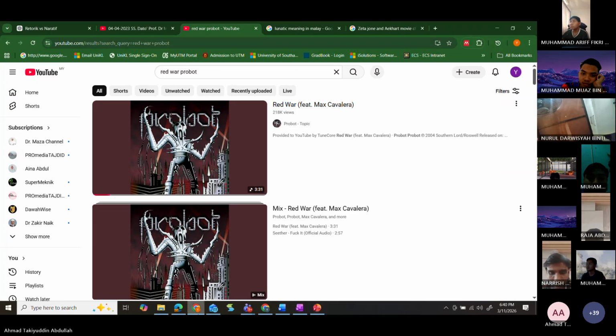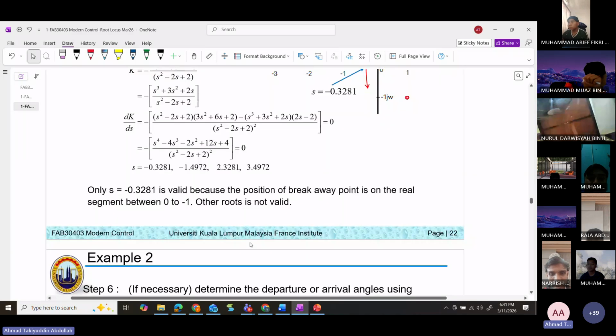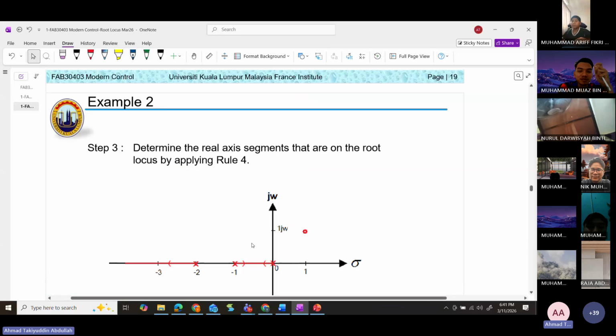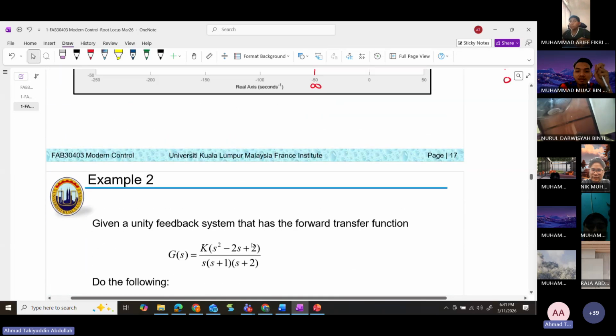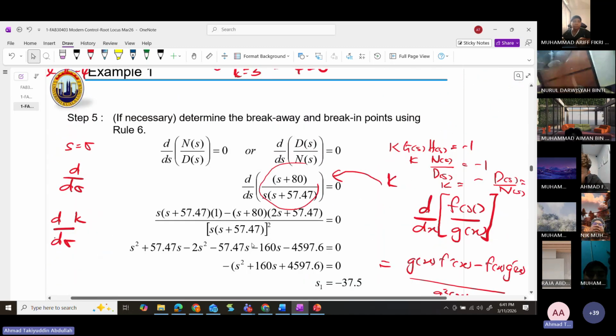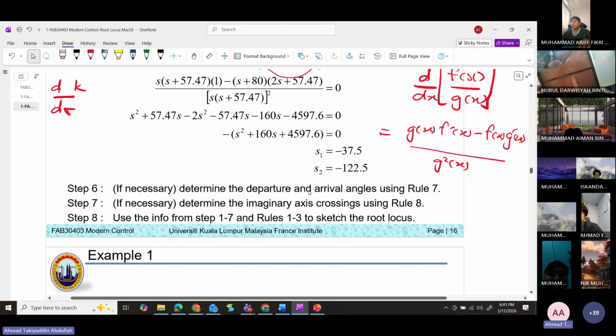Right, guys. Let's get back to our discussion here. So the next rule, or the next step that we are possibly going to take after we have the real axis breakaway and break-in point, possibly it's going to be the determination of departure angles and/or arrival angles.